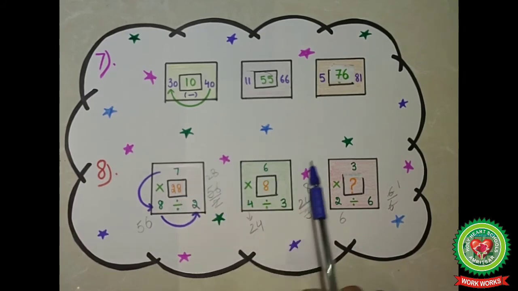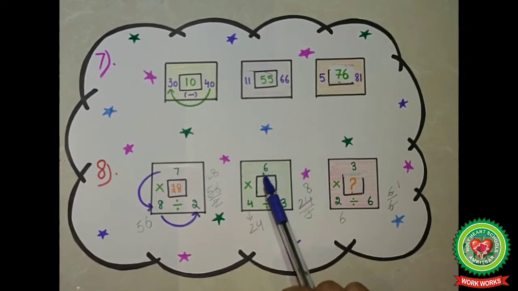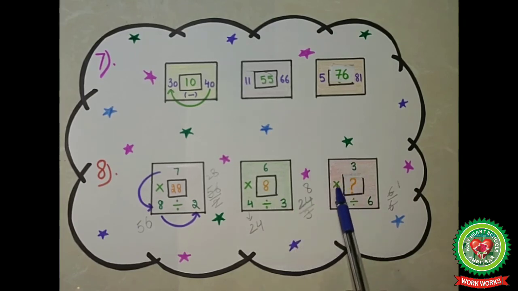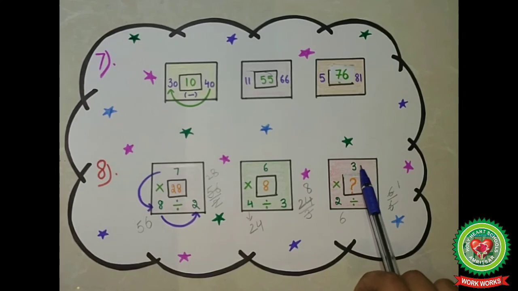Similarly, here 6 into 4 is 24. 24 divided by 3 is 8. Now students, you have to tell me the answer here. 3 into 2 is 6. 6 divided by 6 is 1. So here the answer is 1.